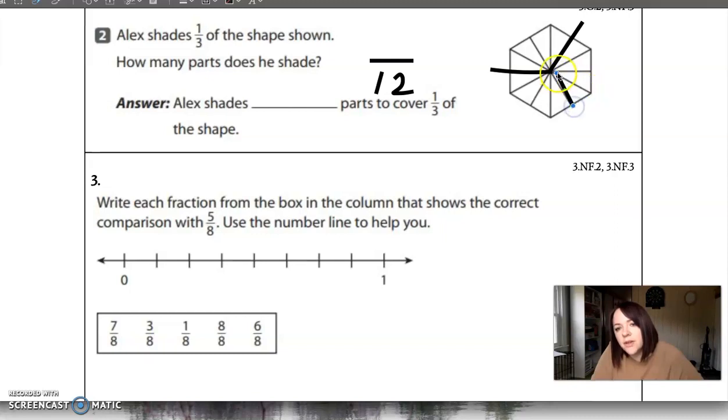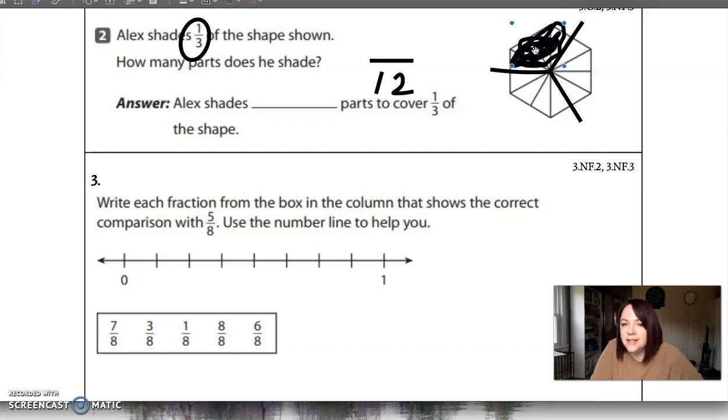Here. Sorry, I moved it to the wrong place. Okay, so there. So that should be 4 in each. So I just divided it into thirds. So here's 1/3, here's 2/3, here's 3/3. I'm going to shade 1/3 of the shape. So that means this whole shape right here is all shaded.